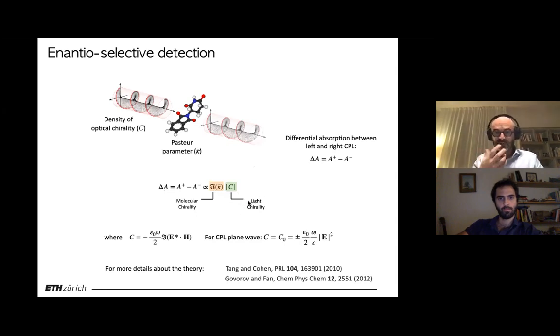So it's pretty cool and pretty powerful. Of course, you don't have control over the chirality of the molecule because it's a natural molecule, but you do have control over the density of optical chirality.